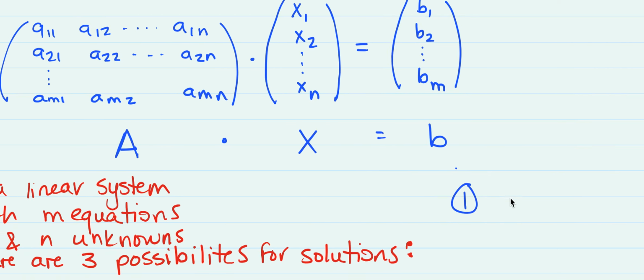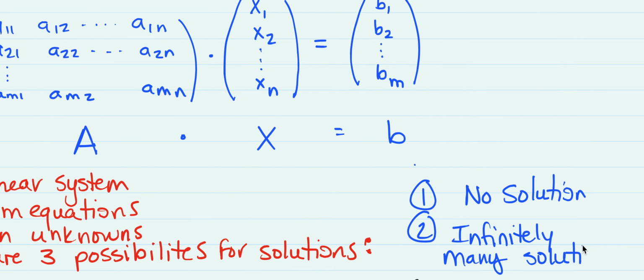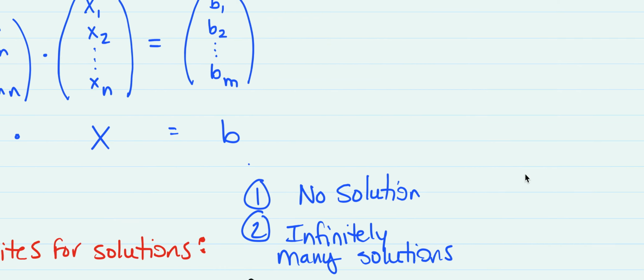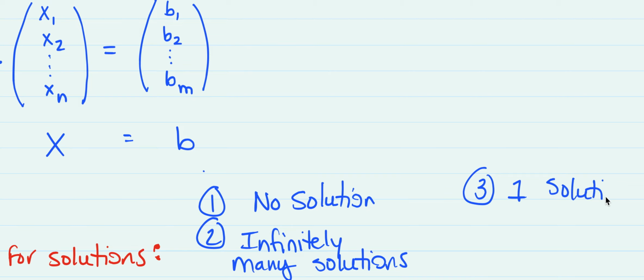Number 1, you have no solution. The second possibility is you have infinitely many solutions. And the third possibility is you have one solution. So if you can find 2 solutions to your system, then you automatically have infinitely many solutions, so you can find infinitely many more. So these are the 3 possibilities for any linear system.